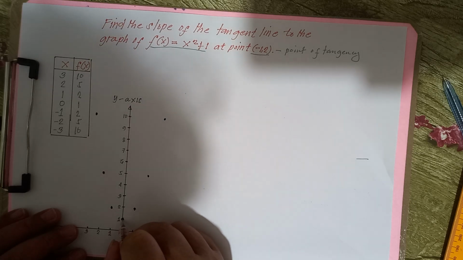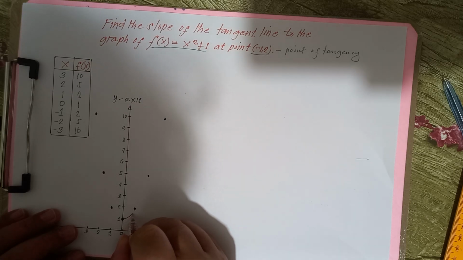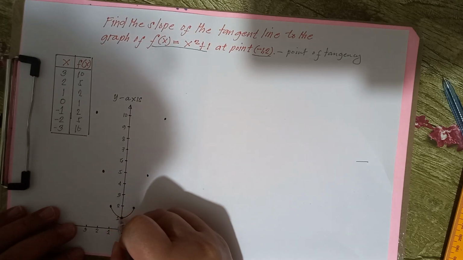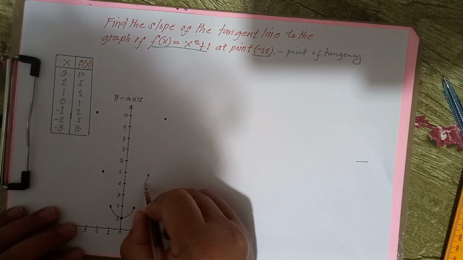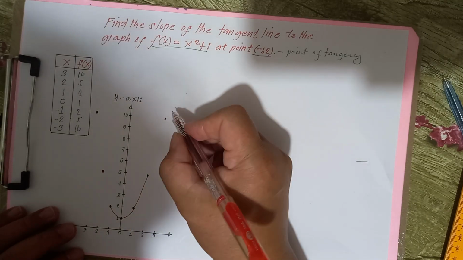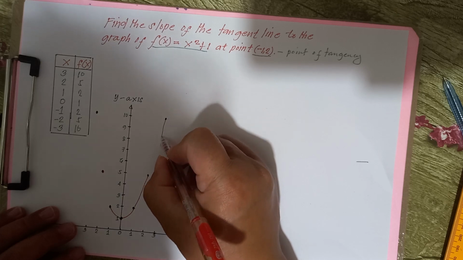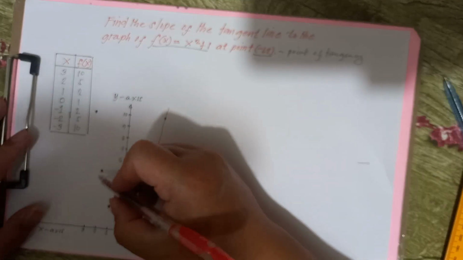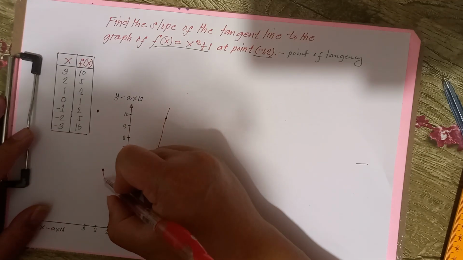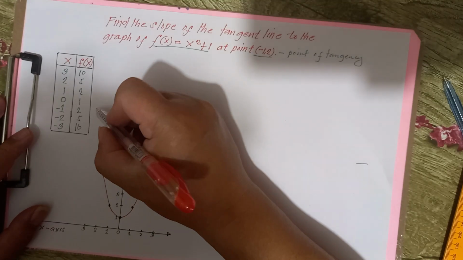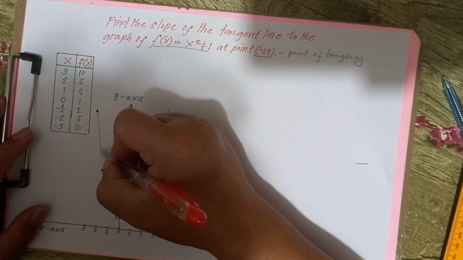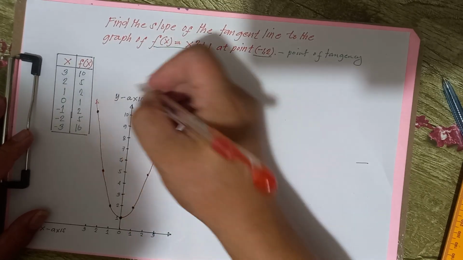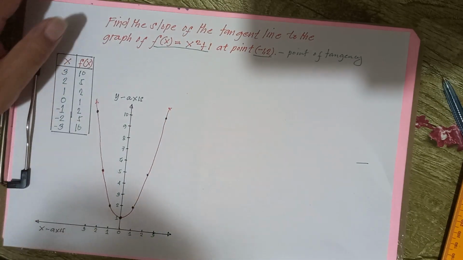When we graph it, that is a parabola. Okay, so that is the graph of the parabola that we have.